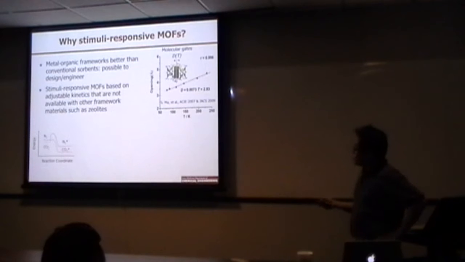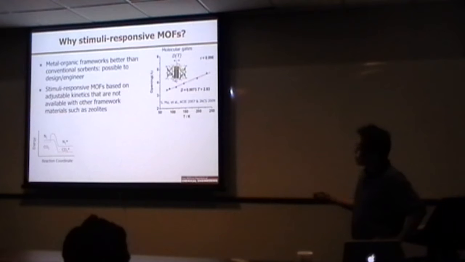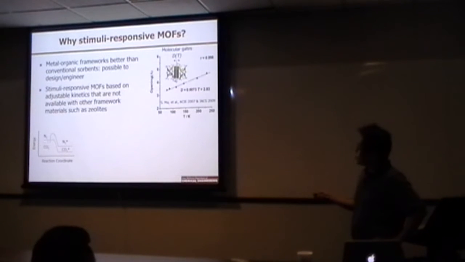Now, imagine that you are adsorbing CO2 and nitrogen onto these MOFs, or stimuli responsive MOFs in general. So this is CO2 before adsorption. This is energy versus reaction coordinate. This is CO2 before adsorbing. Obviously, this is in the gas phase, correct? Gas molecules in the solid phase will have low energy.